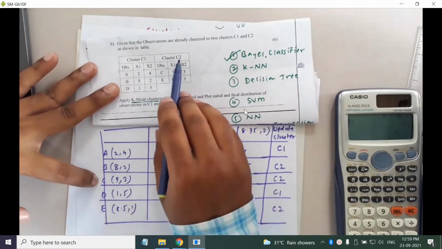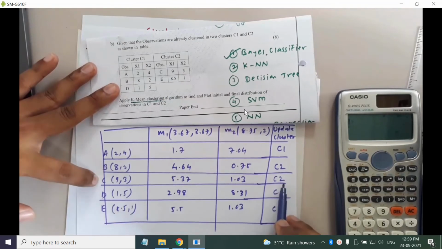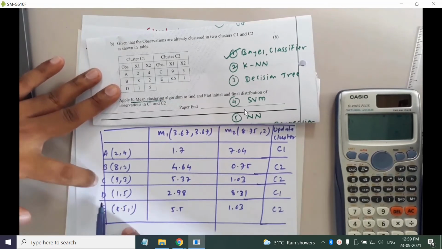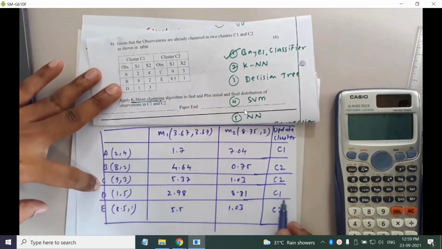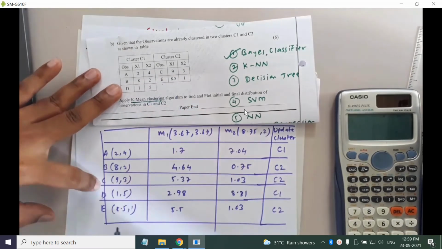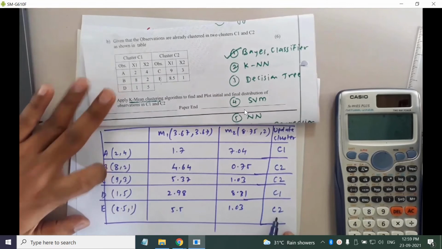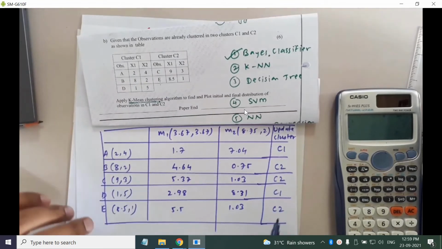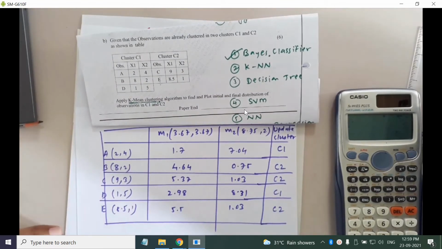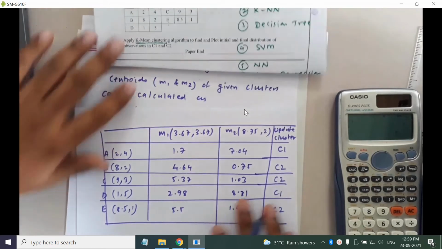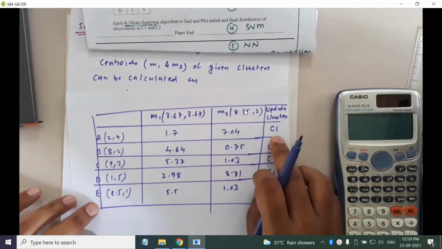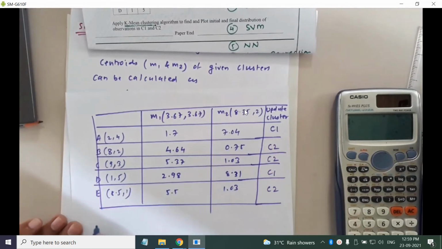C was in C2, now it's also in C2. D was in C1, again C1. E was in C2, and it is in C2. One updation happened. That means you have to go to the next iteration. As there is a change in clusters, recompute M1.